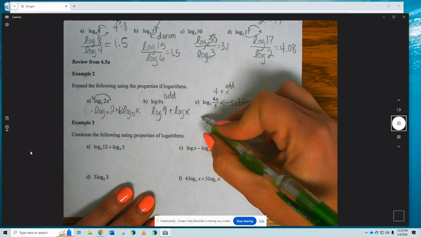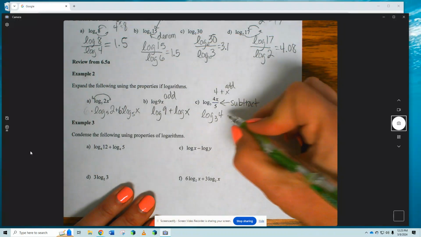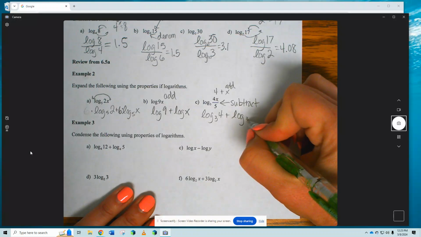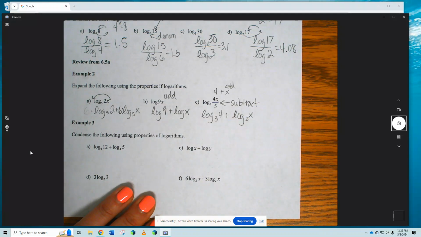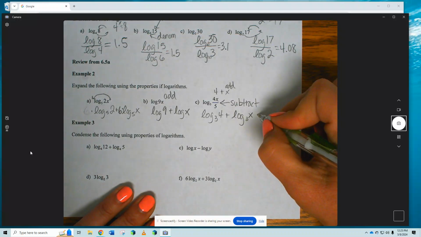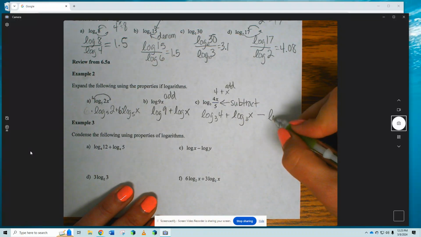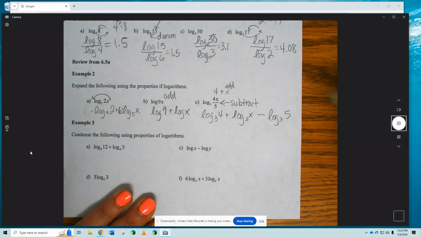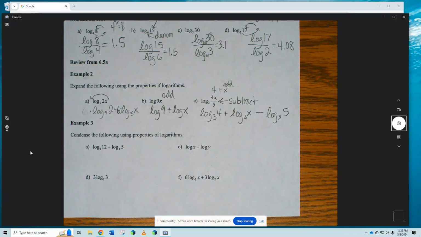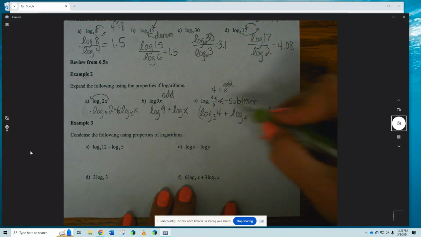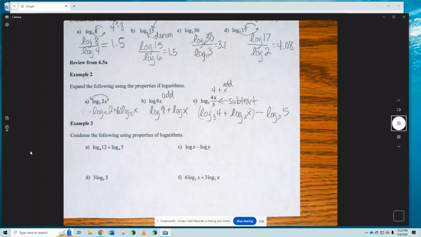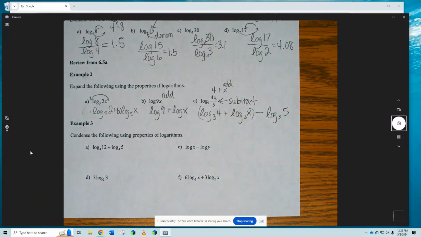I did log 3 of 4 plus log 3 of x. And since it had a fraction, I'm going to do a minus sign and just do log 3 of 5. That's tricky. Can you put the log 4 and the log x in parentheses? That would actually be helpful too. They're the first 2 listed, so you go in order. We'll stop with that. That's tricky, right?